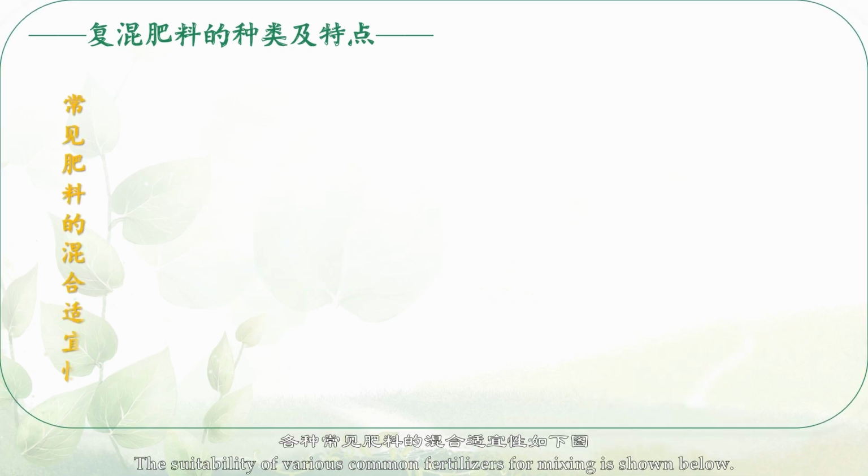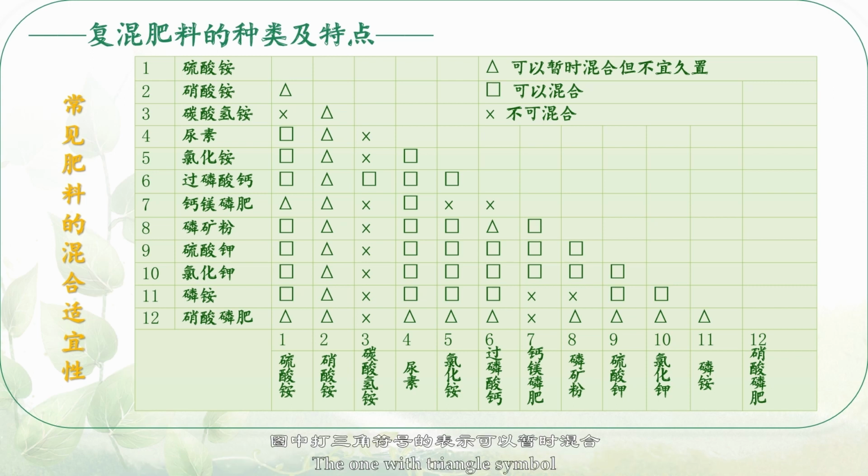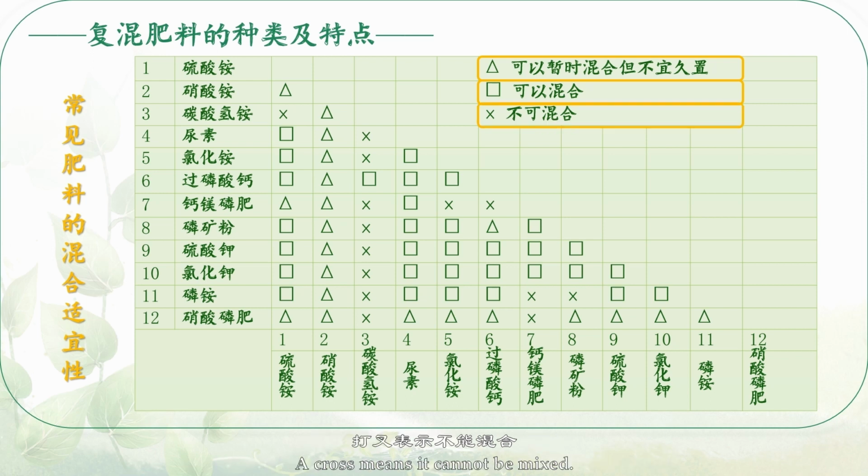The suitability of various common fertilizers for mixing is shown below. The triangle symbol in the graph means that it can be mixed temporarily, which means the time is limited. The square symbol means that it can be mixed. A cross means it cannot be mixed.